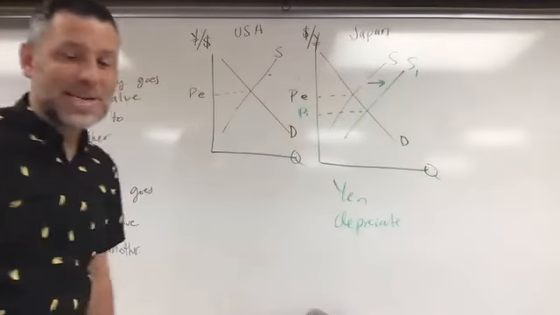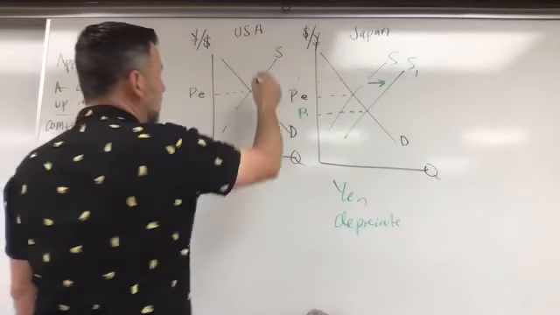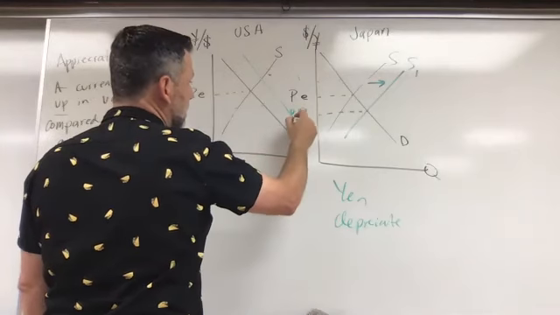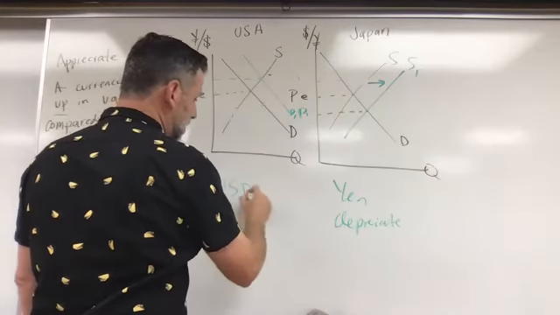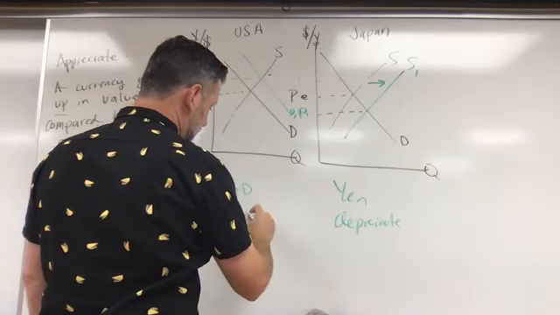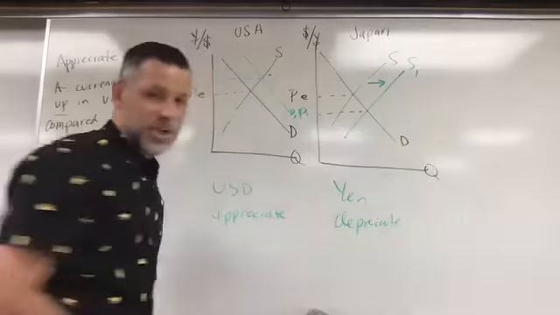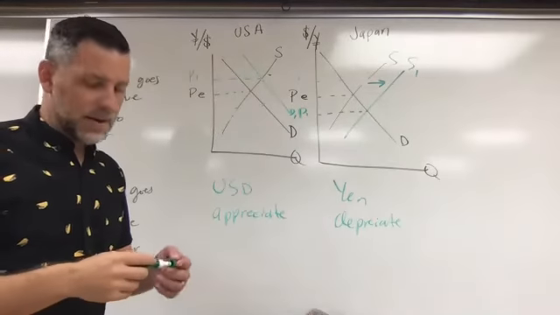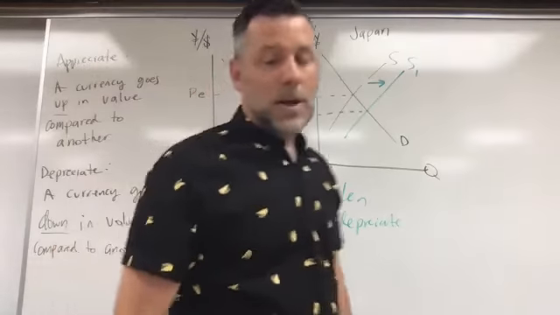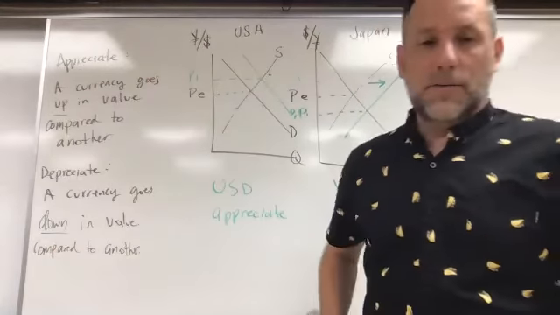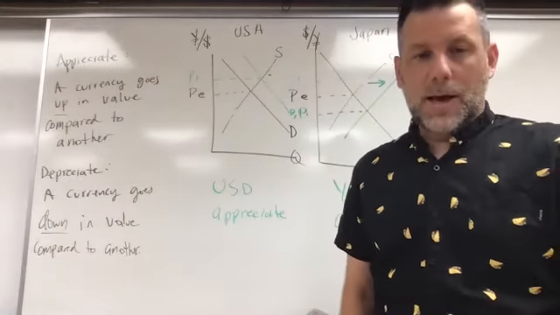And what's happening in the United States? Demand for US dollars is increasing, causing US dollars to appreciate or to go up in value. So that's our model of foreign exchange.